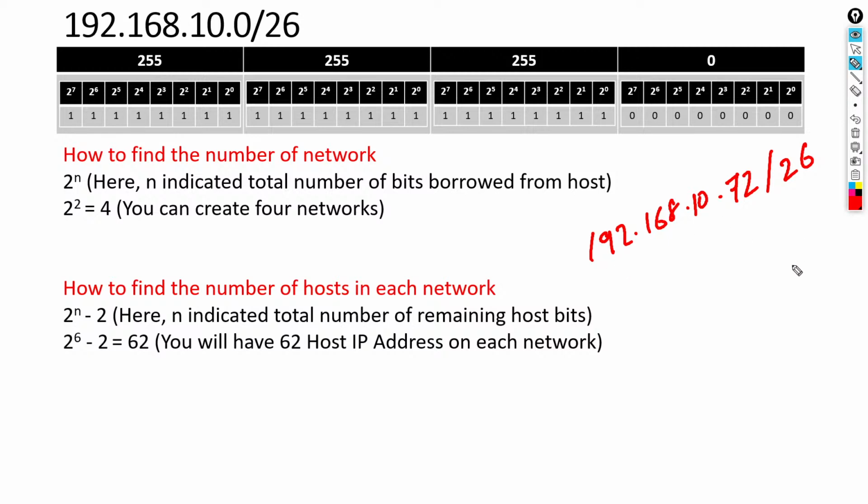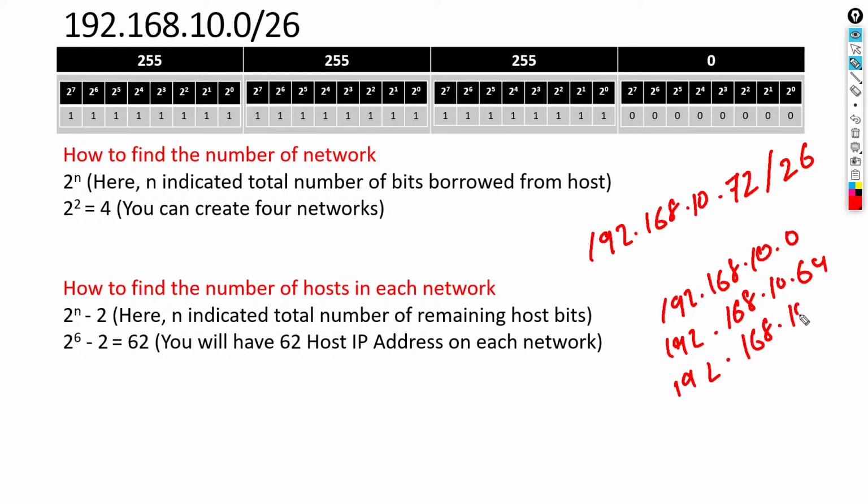They will give you options 1, 2, 3, 4, such as 192.168.10.0, 192.168.10.64, 192.168.10.128, 192.168.10.192. Now tell me what is the correct answer.